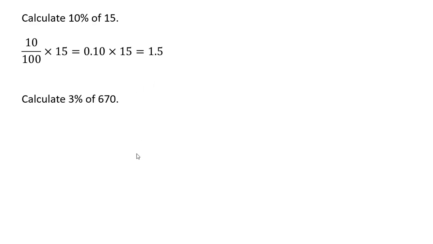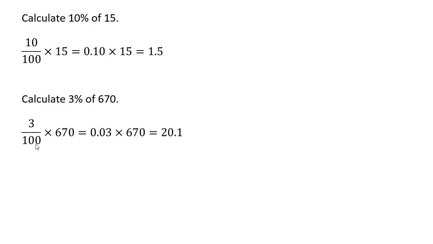Let's do some examples. Calculate 10% of 15. So 10 parts per 100 times 15, or what's 10 divided by 100? Just 0.1. So 0.1 times 15 is 1.5. So 10% of 15 is 1.5. Calculate 3% of 670.